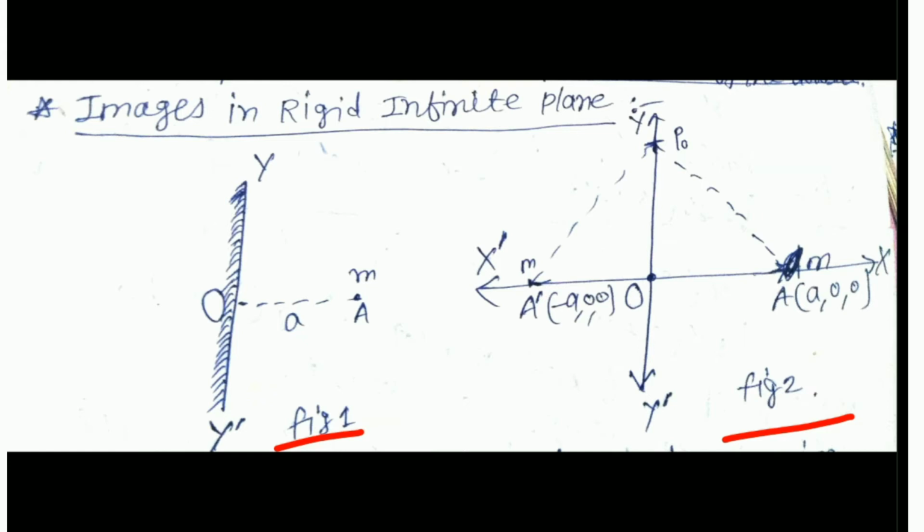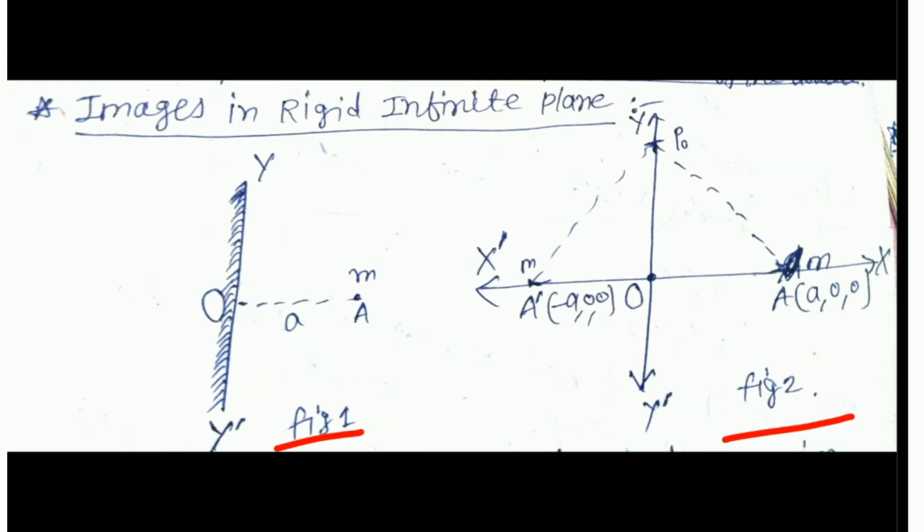Then any system of sources, sinks or doublets in second is called an image system of the region first in the surface S. If we remove the fluid in second region and replace S by a rigid boundary of the same size and shape, then the flow in first is unaltered.